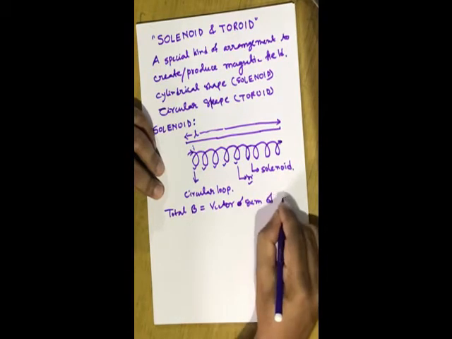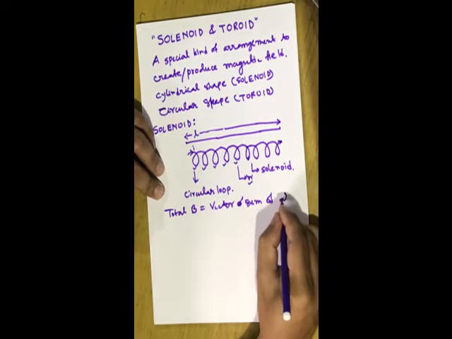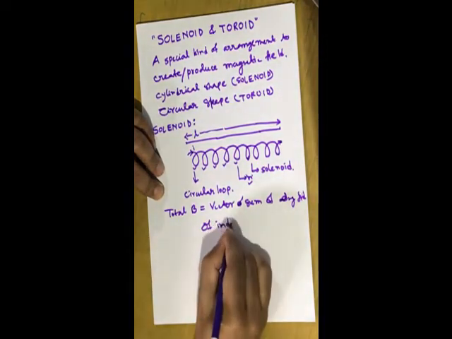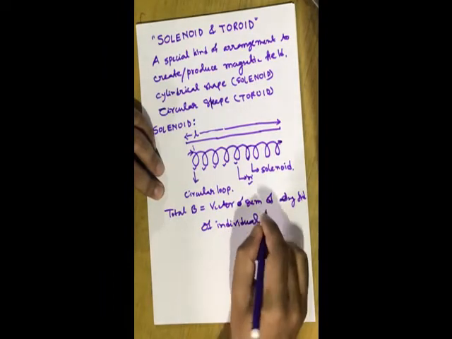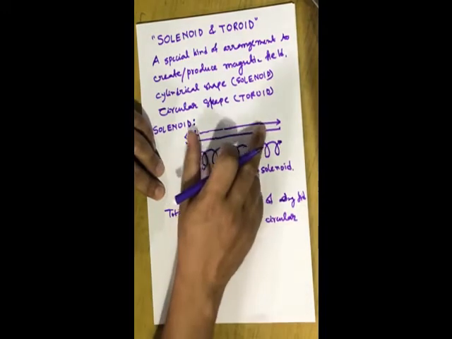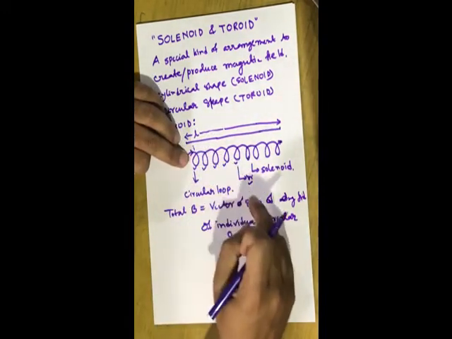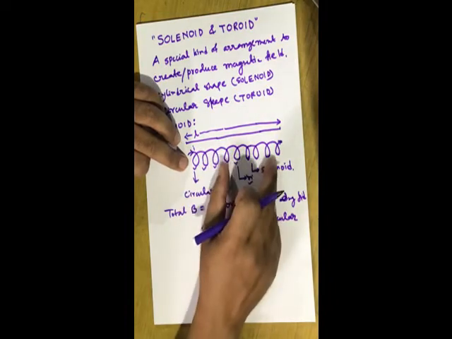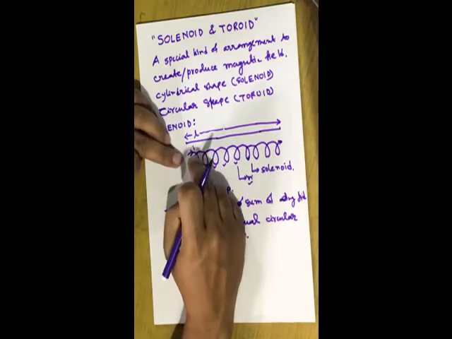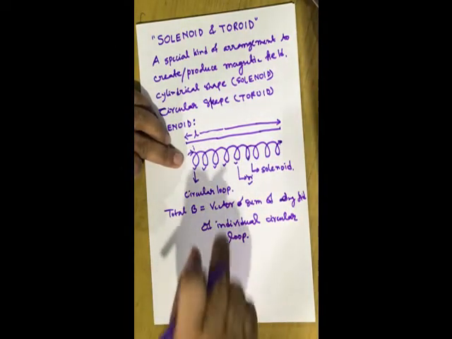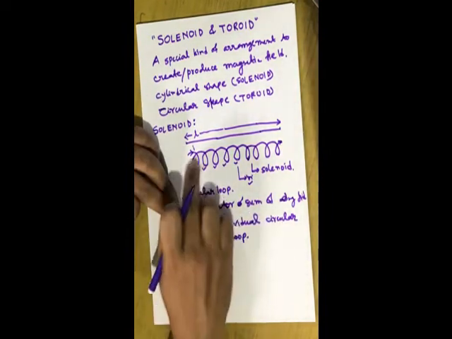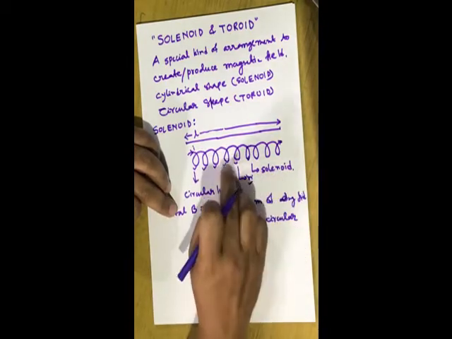of the magnetic fields of the individual circular loops. Because we have converted the L length wire into n circular loops, and this arrangement is known as a solenoid, when we pass the current I through the solenoid, each current loop will produce its own magnetic field, and therefore the total magnetic field of the solenoid will be the vector sum of all the magnetic fields due to its turns.